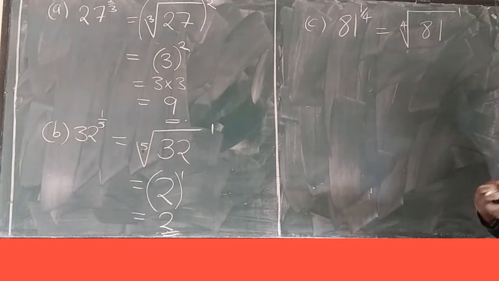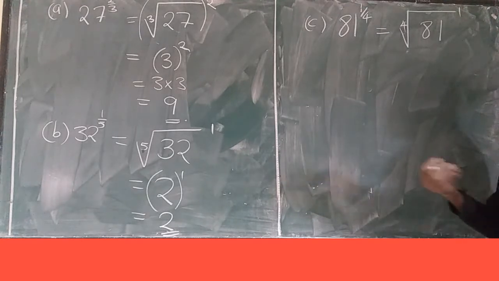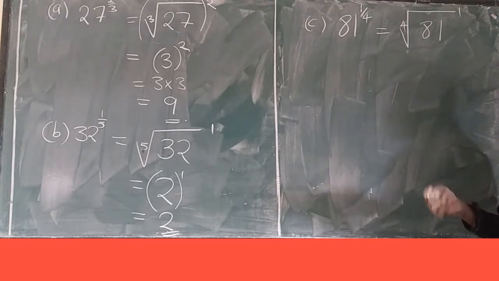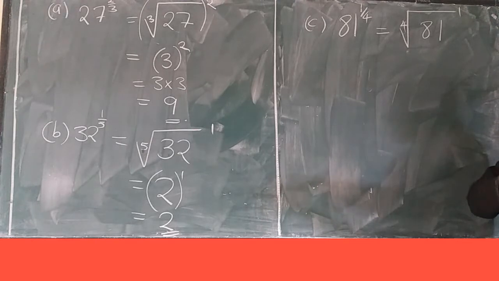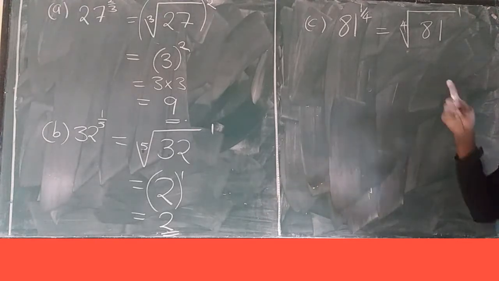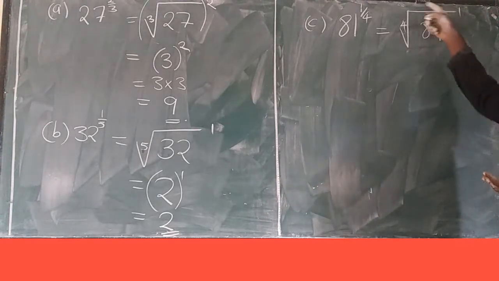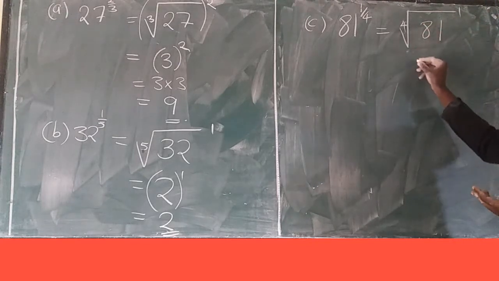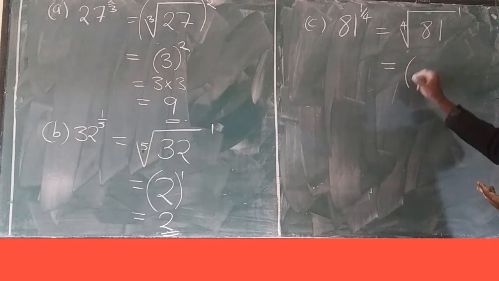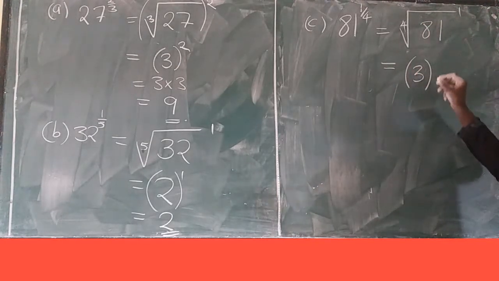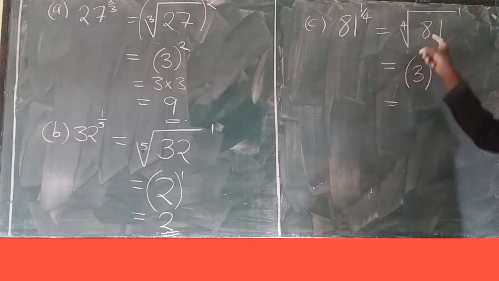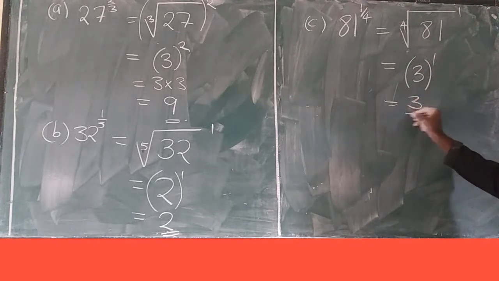If you can't tell just by looking, then you can try out the numbers. You can start with 2, you multiply 2 by itself 4 times, which will give you 16. And then you go to 3. You do 3 times 3 times 3 times 3, 4 times, which will give you 81. So the number you're looking for here is 3. Because when you multiply 3 by itself 4 times, you end up with 81. So the answer is 3.